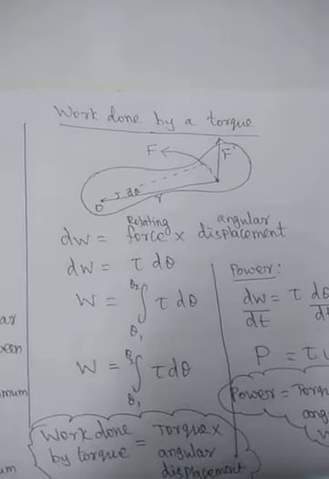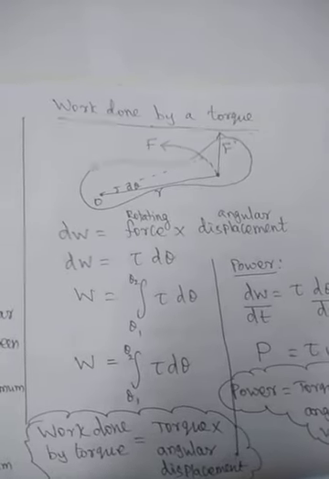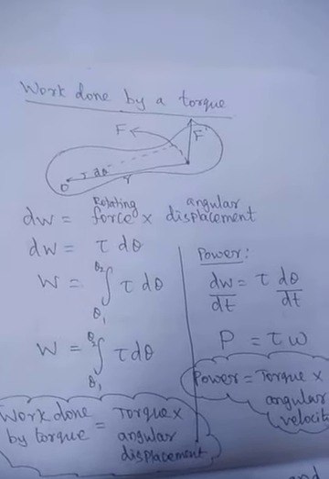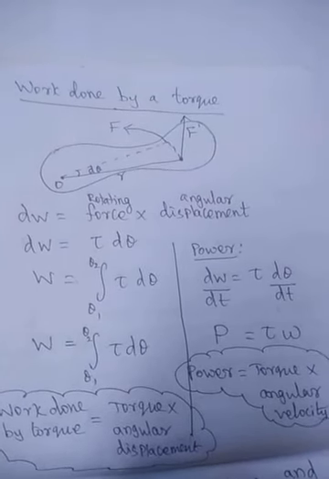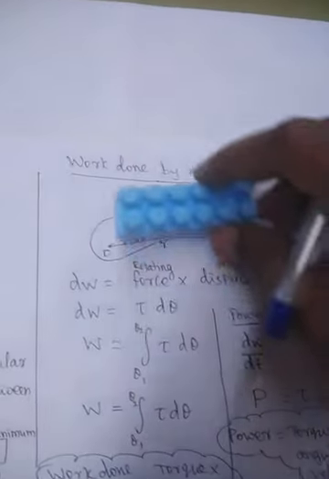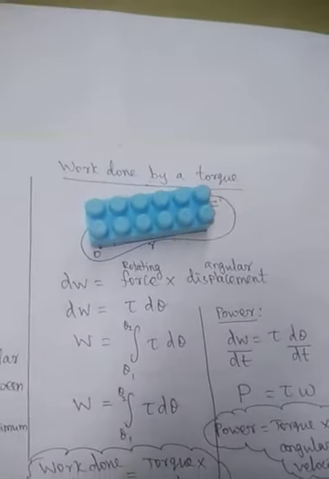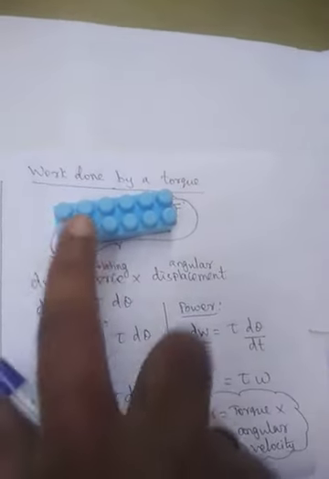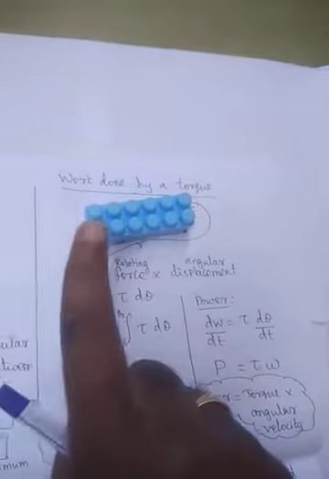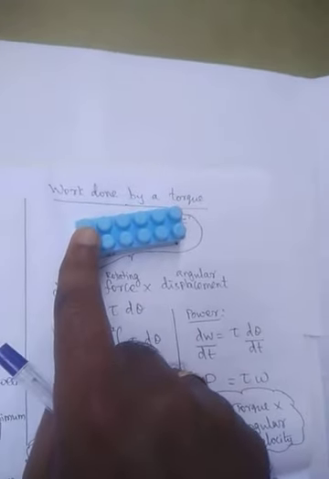So let us see what is the work done by the torque. As we know, work is equal to force into displacement. Here the force is a rotating force, as I already illustrated. This is a small body and this is an axis. When the body is rotated about an axis, this end is fixed.